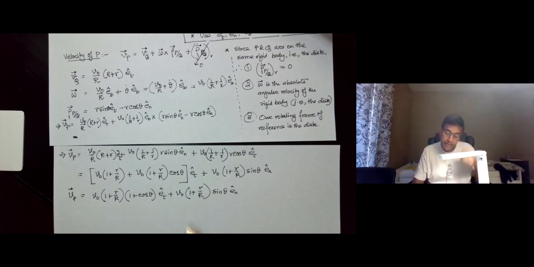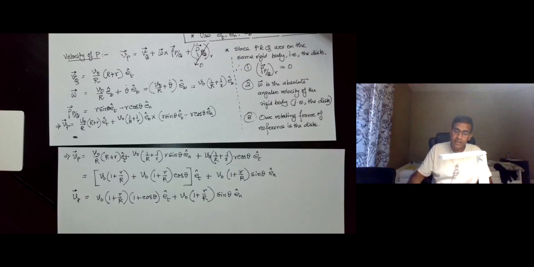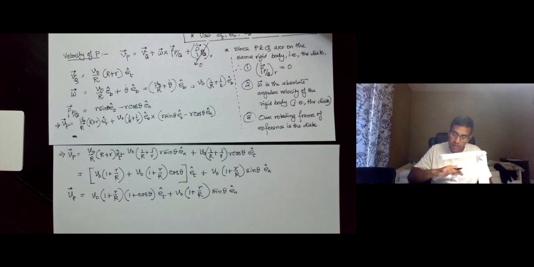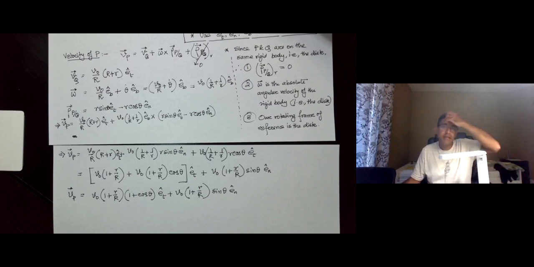We can verify that if the radius of curvature is infinity, which means the surface becomes a flat surface, then the velocity expression is found by just putting small r over capital R equal to 0. Then we get the velocity of the point P if the disk was rolling without slipping on a flat surface. So as we mentioned earlier, this can be considered a more generalized case of a disk rolling on a horizontal surface.